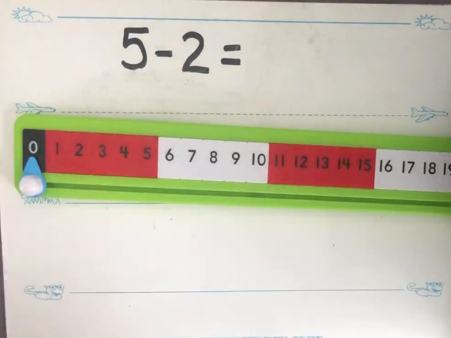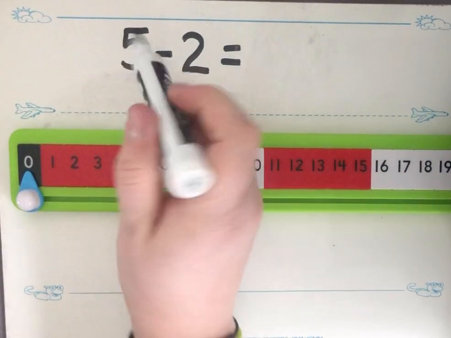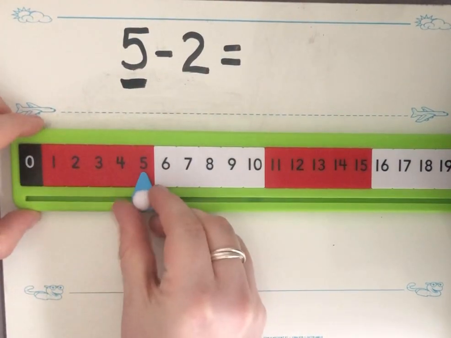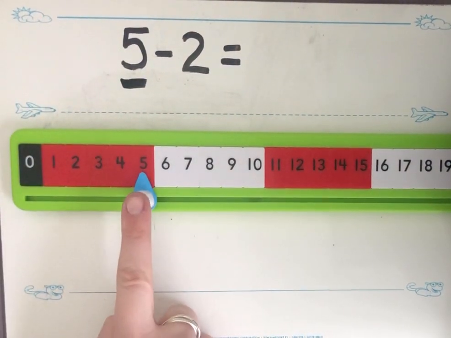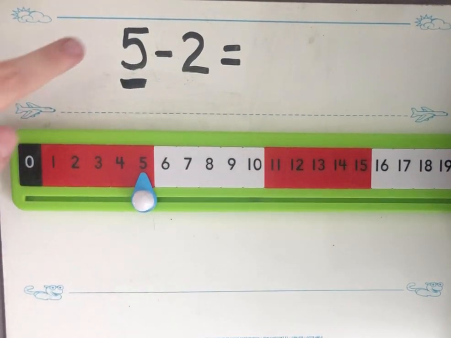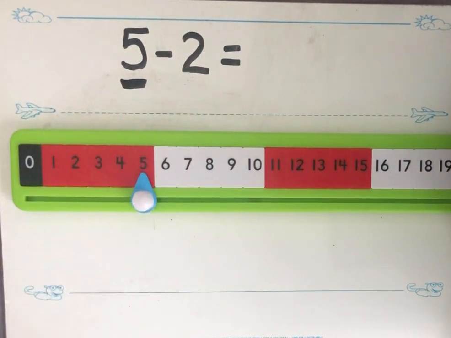So I have this number line that we use in class. And again, I'm going to model for the child how I start out. So I'm gonna start out 5 minus 2. I'm gonna move my pointer or my finger or whatever it may be that you're using to the 5 to show them that when we are doing subtraction, we start with that number 5 and then minus 2.